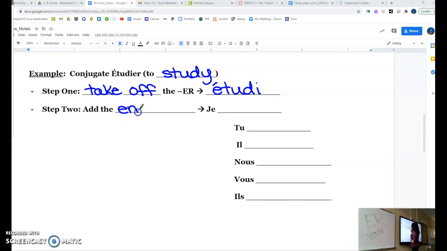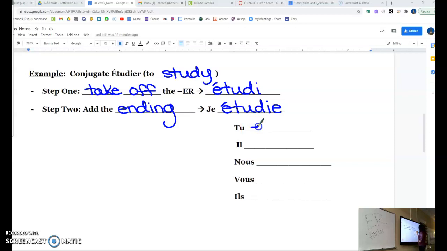Now to the verb stem, you're going to add the ending. For je, I'm going to put the verb stem that I see right above. And if you scroll up and look back, or just look at your sheet that hopefully you're using right now, the ending that you add is E. This means I study, and we pronounce this j'étudie.